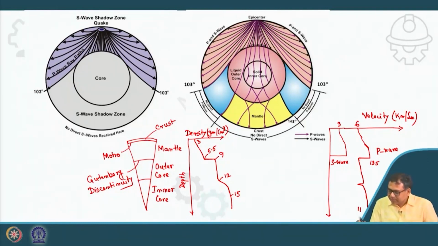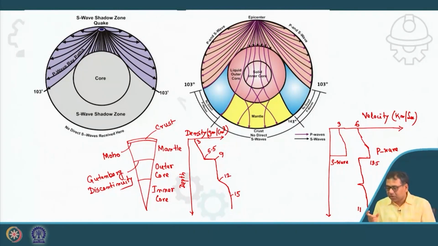So you can see that when a wave moves from the crust to the mantle, it goes from a low speed material to a high speed material. But when a wave moves from the mantle to the core, it is a different thing, because the wave velocity in the core is lower than in the mantle, though the density of the outer core is more than the density of the mantle.